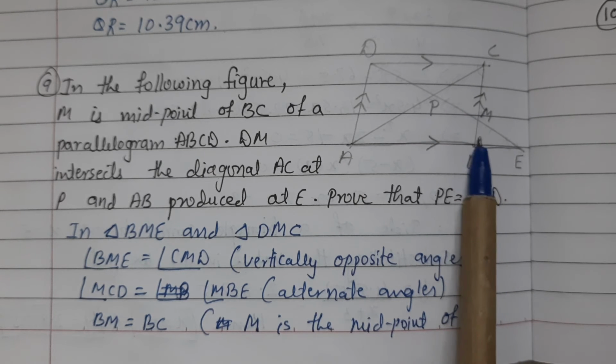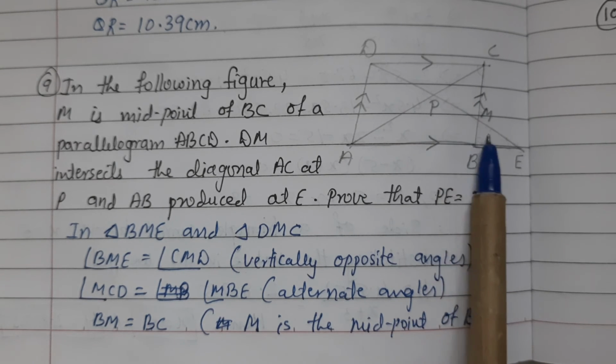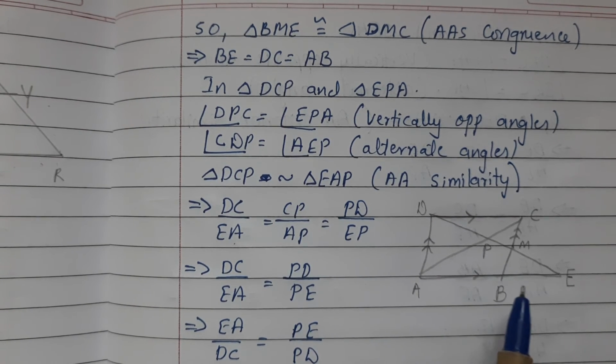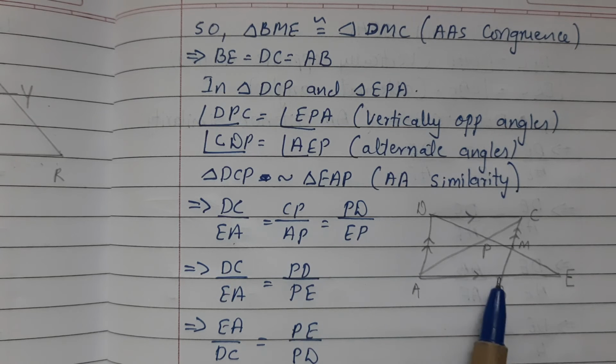BM is equal to CM. Therefore, both the triangles are congruent. Therefore, triangle BME is congruent to triangle DMC by AAS test of congruency. Therefore, BE is equal to DC, but DC is equal to AB, opposite sides of the parallelogram.